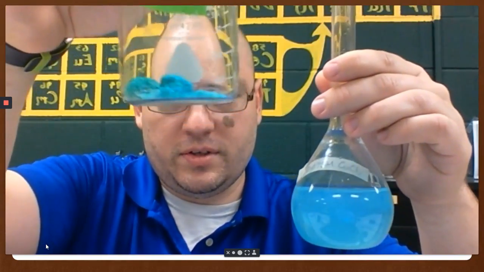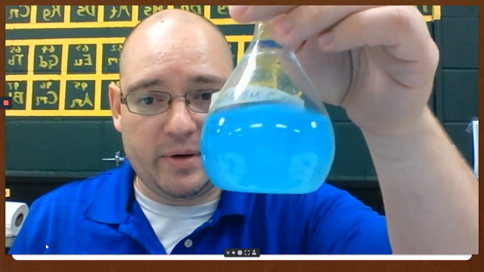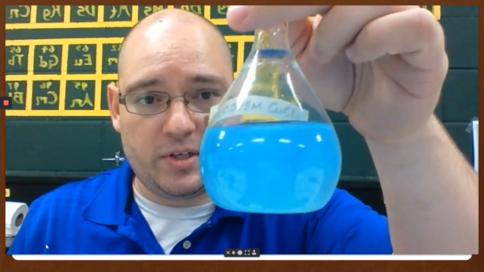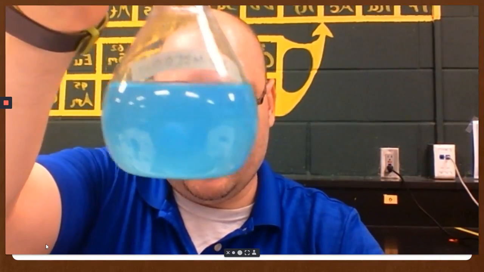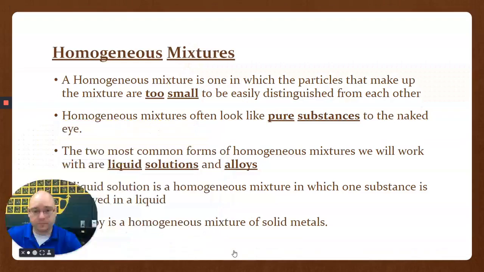This is copper chloride dissolved in water. When you have just the crystals, that is a compound. If I mix the compound with water, I now have a solution. It's a liquid solution, a homogeneous mixture of the copper chloride and water mixed together.